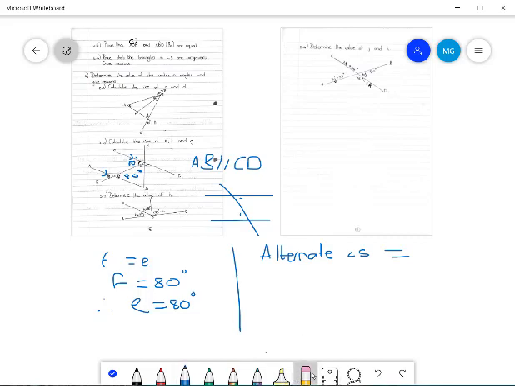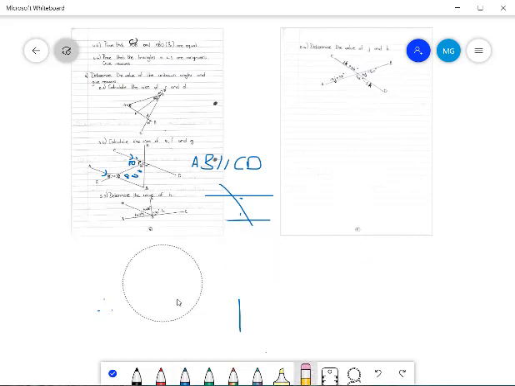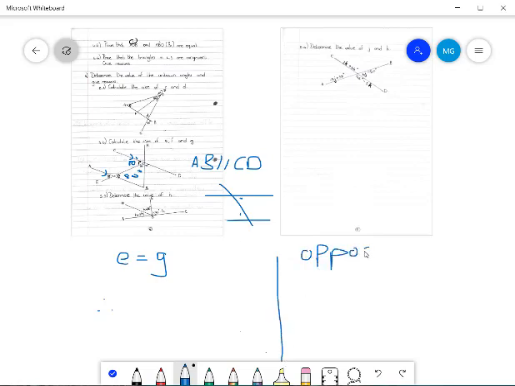Okay, so now we've figured out what F and E is. So we just need to figure out what G is. And remember at the very beginning I said that these are opposite angles. So they will also be the same. Why? Because they are opposite angles.